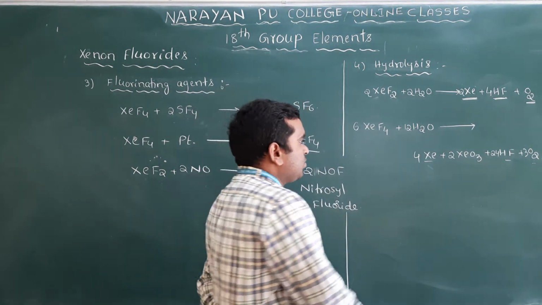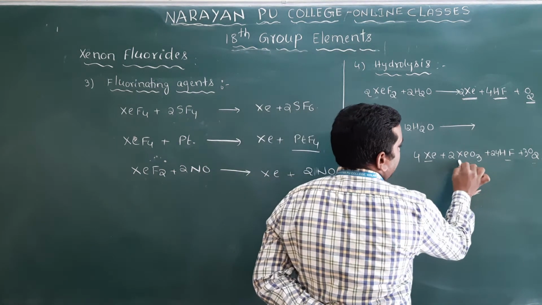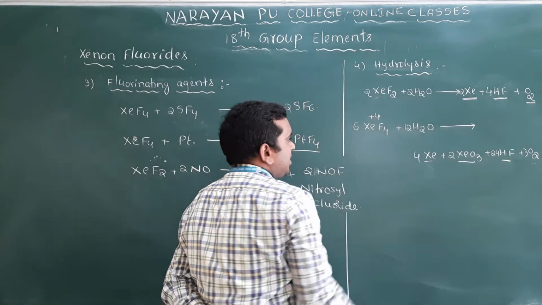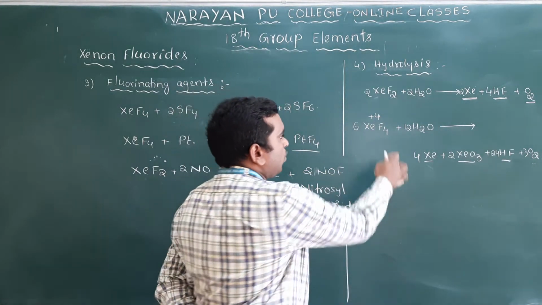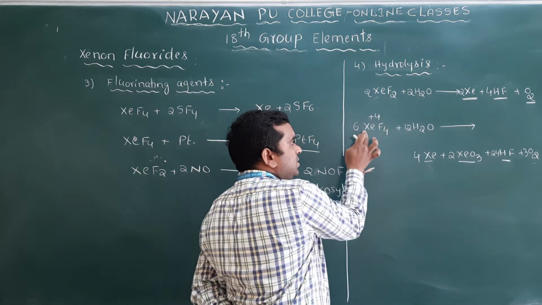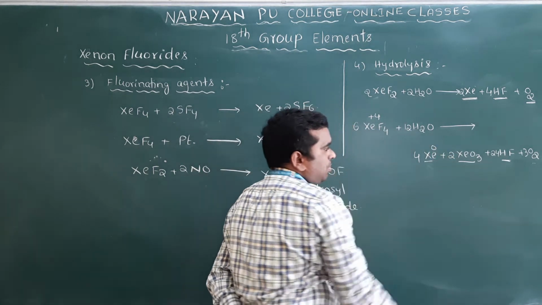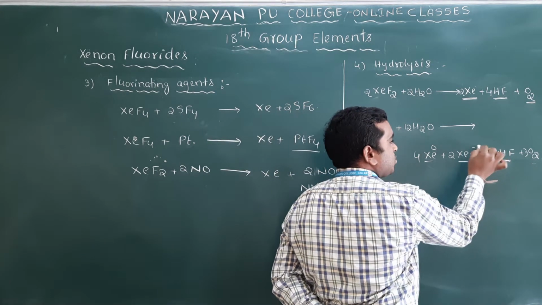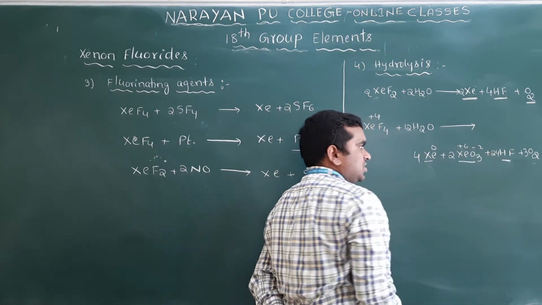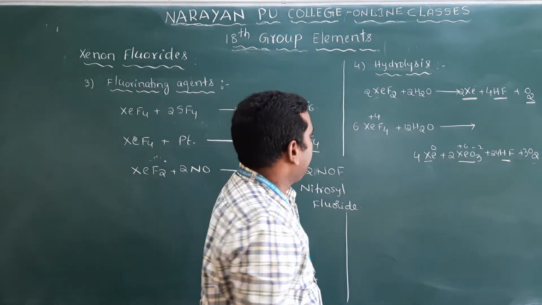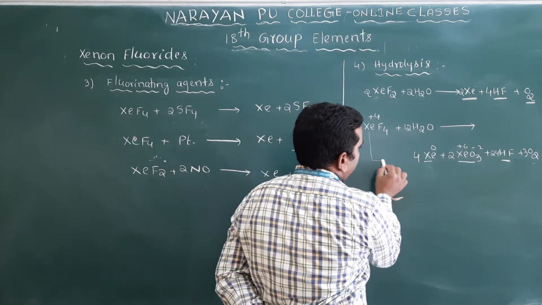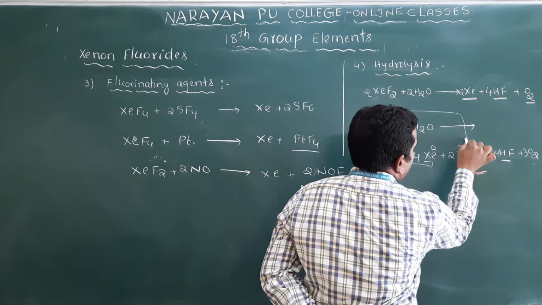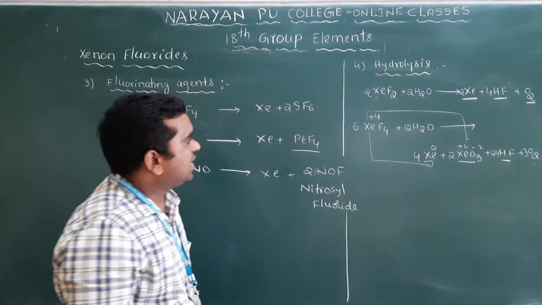So that's why you see here Xe and XeO3, HF. In this case, what is the oxidation state of xenon here? +4, because fluorine is -1, and 4 of them means it is +4. Here it is 0. And what is the oxidation state here? Oxygen is -2, 3 into -2 is -6, so xenon is +6. Means the same element undergoes both oxidation and reduction.